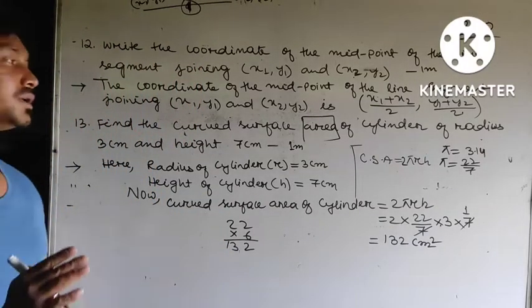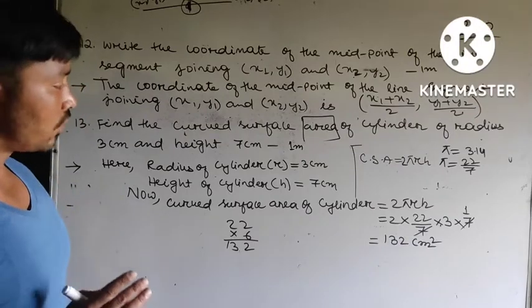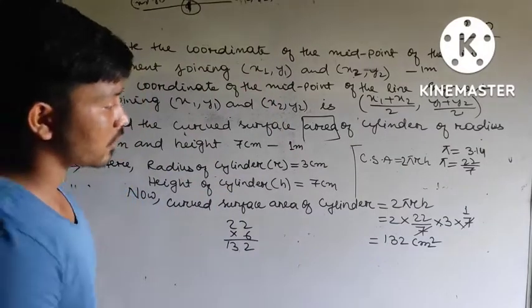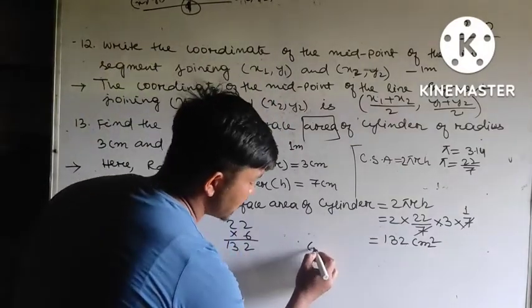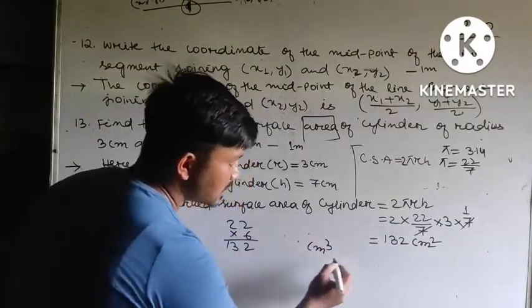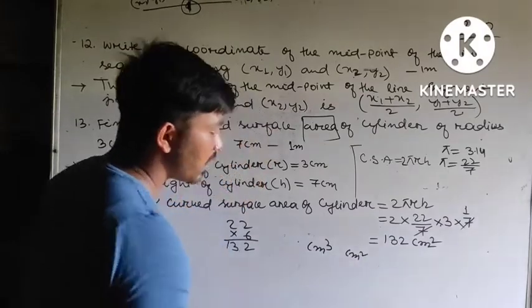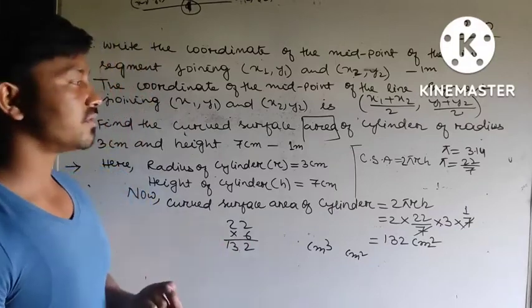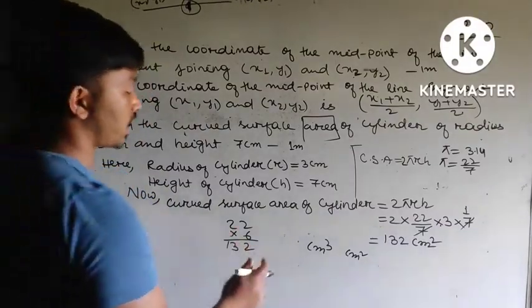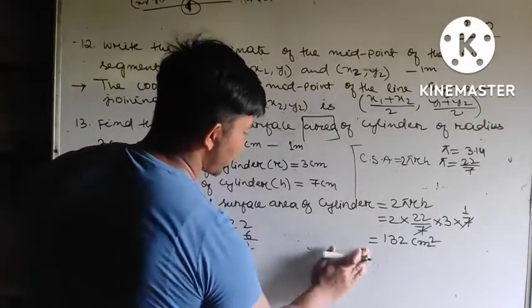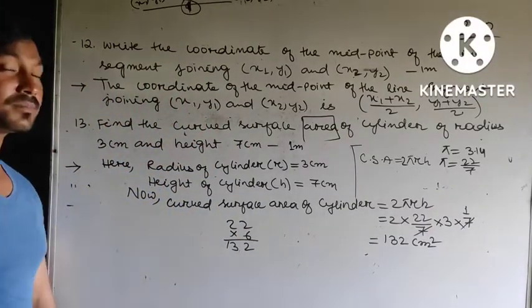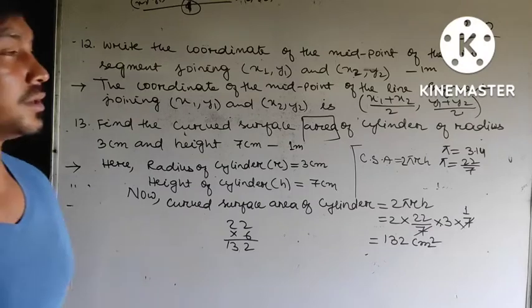So in area, square is needed. I hope you do not forget that. And if the question asks us to find volume, then we have to put what? Cube. Centimeter cube for the volume, centimeter square for the area. We should not forget to write square or cube. Okay, so this is the end of 1 mark questions. After that we'll see 2 mark questions.